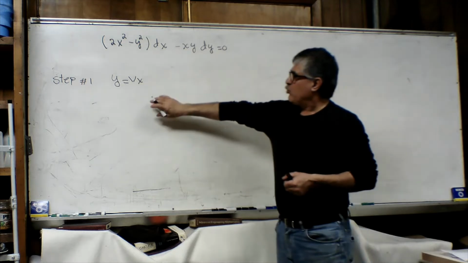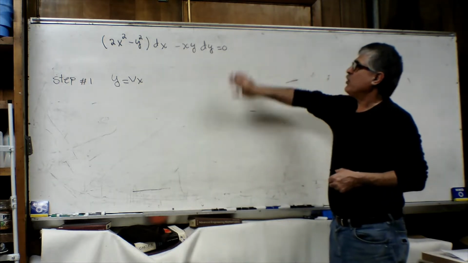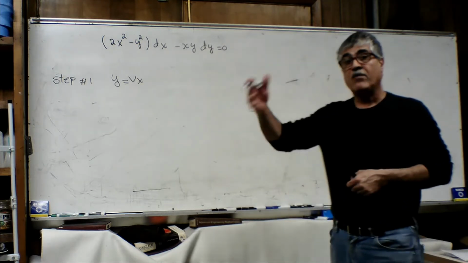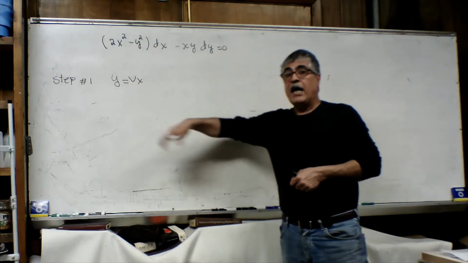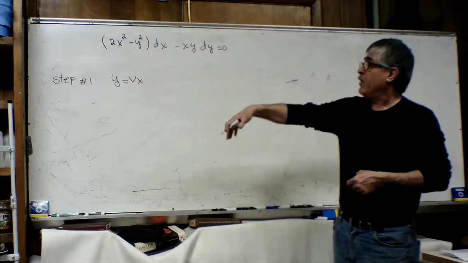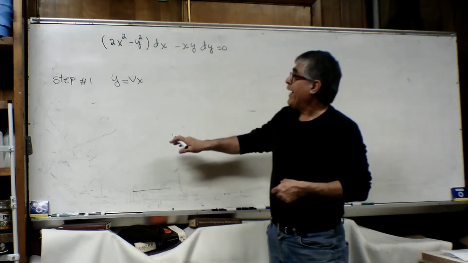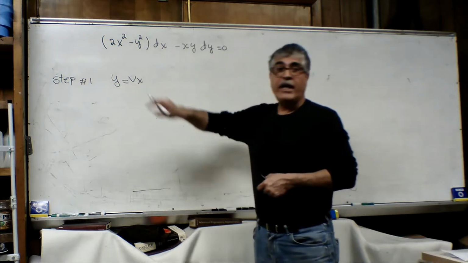By assuming y is equal to vx, we can transfer this equation into a separable differential equation, then solve that equation in terms of v and x. And then the last step, we use v equal to y divided by x. We transfer the answer in terms of y and x.